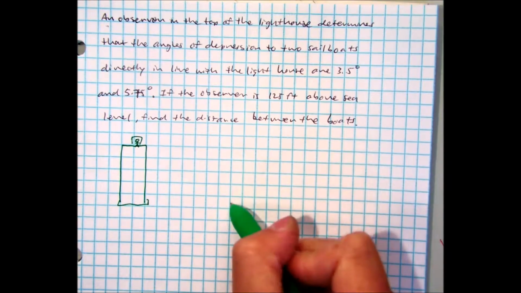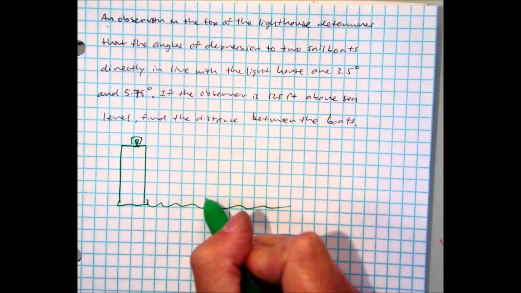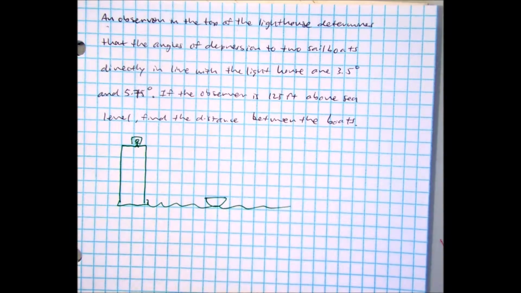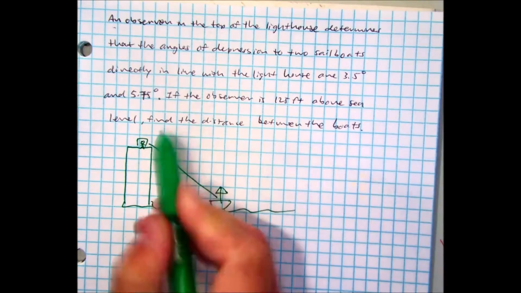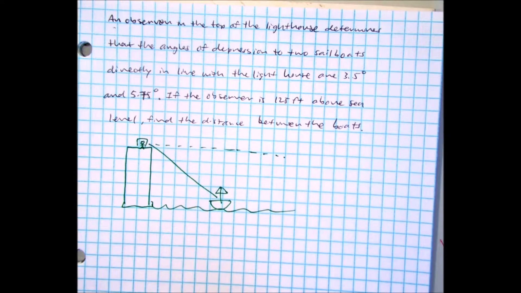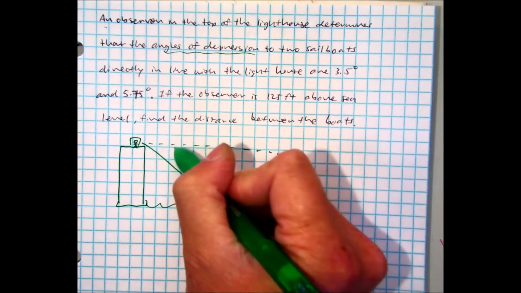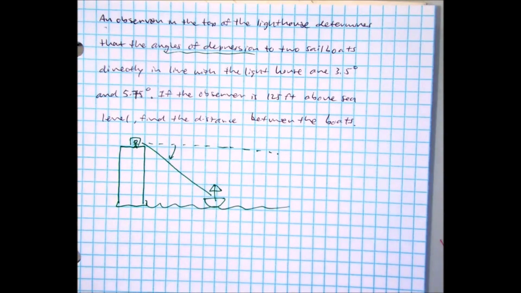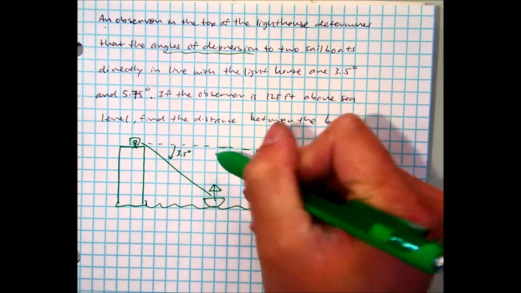So let's draw some boats out here. It's our water. Here's my boat. And this is our line of sight. Remember now, angle of depression is looking down. So this one is 3.5 degrees.